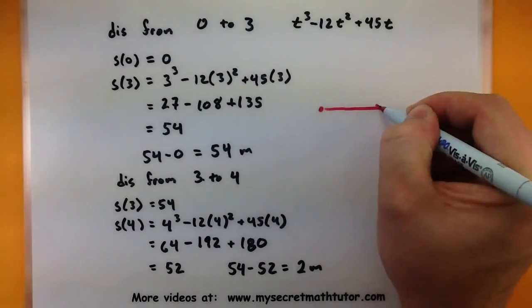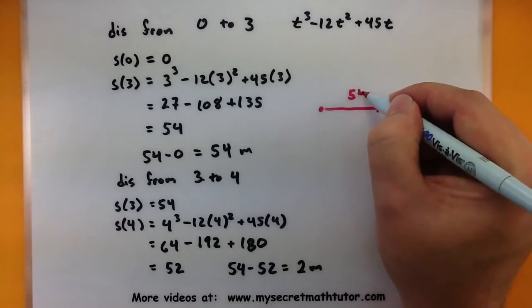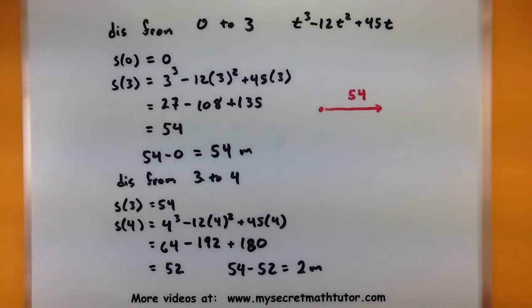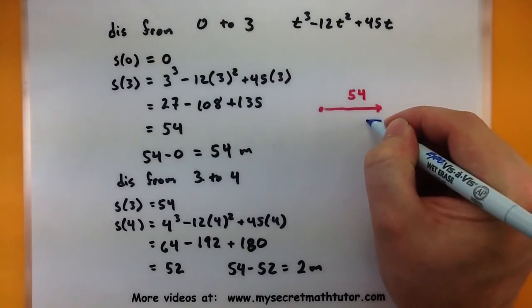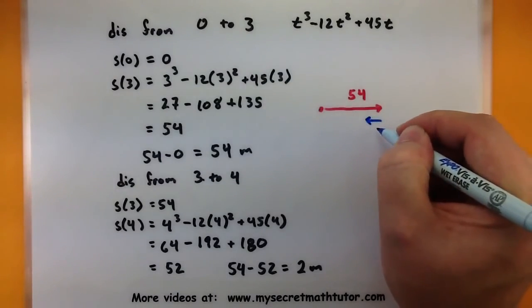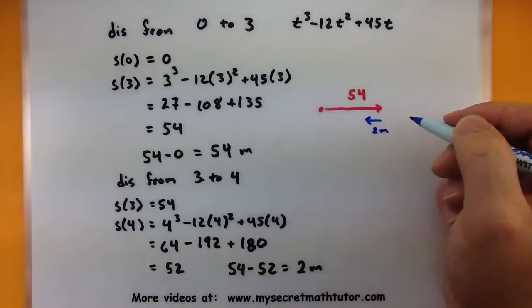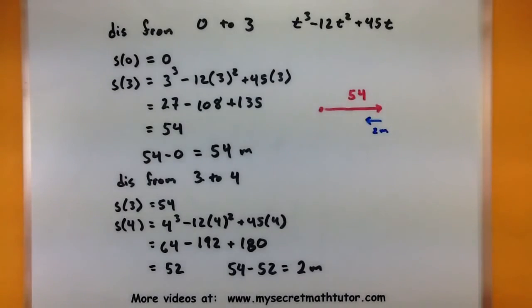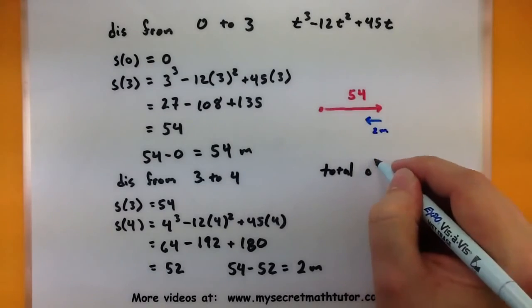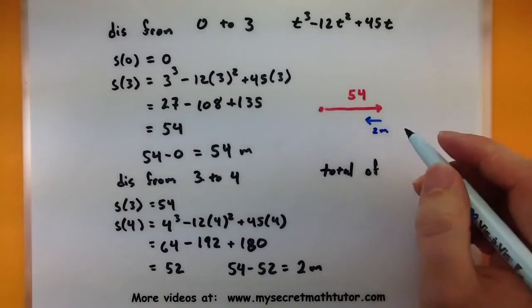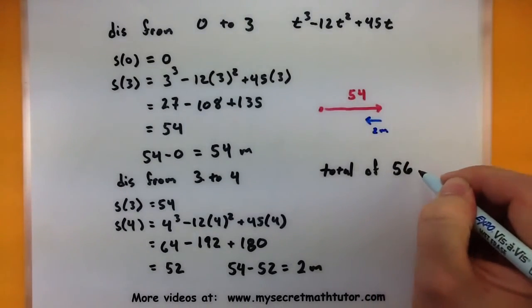And then after 3 seconds, it looks like it traveled a total of 54 meters. Then from 3 seconds to 4 seconds, I know it turned around. It went the other direction, but it didn't go very far. It only went 2 meters the other direction. So I know that it went a total of 54 plus 2, or 56 meters.